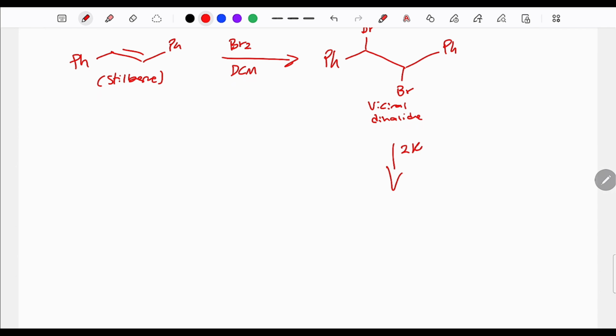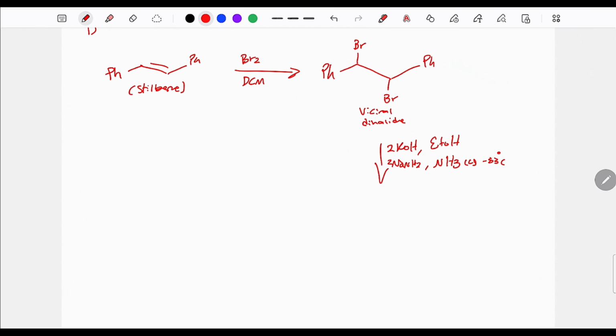If I add two equivalents of potassium hydroxide in ethanol, or if I do it with two equivalents of sodium amide in liquid NH3 at minus 33 degrees Celsius, if I use either of these conditions from my starting vicinal dihalide material, I will get this specific alkyne, which is called diphenylacetylene.